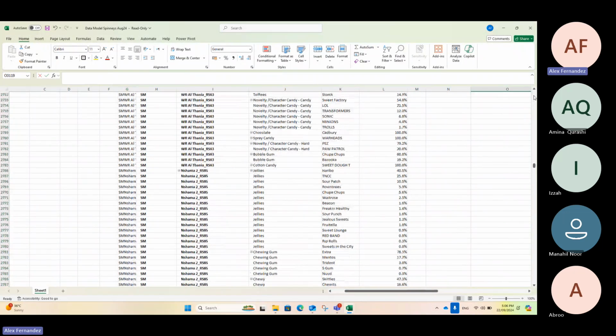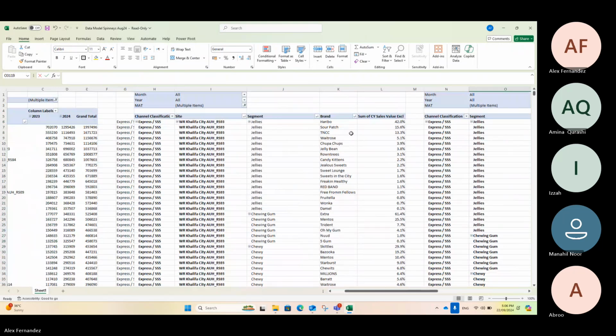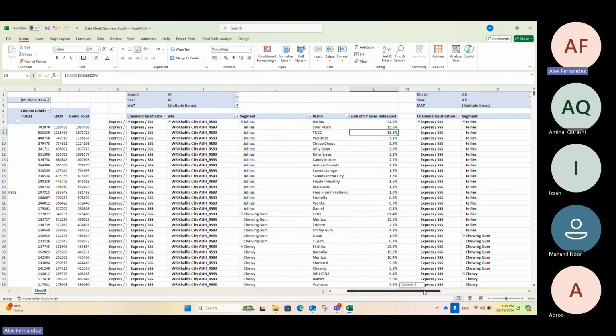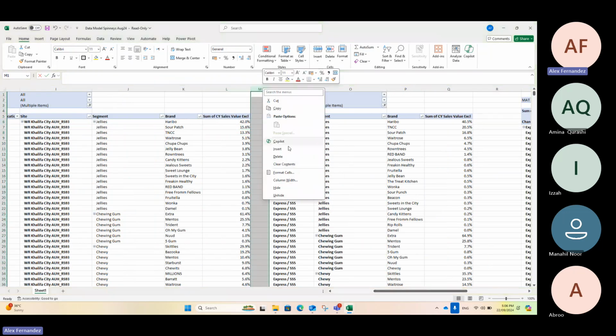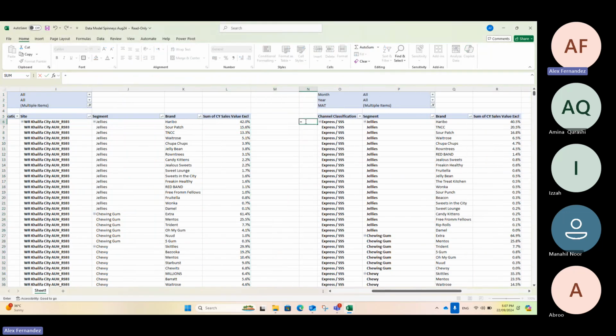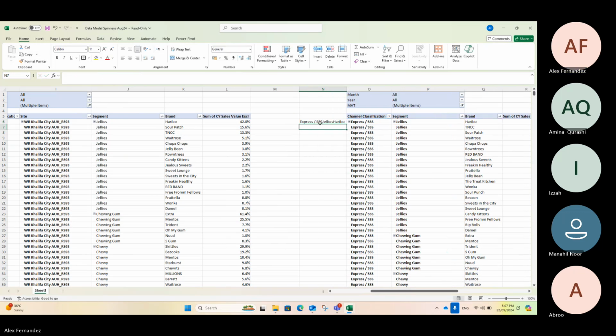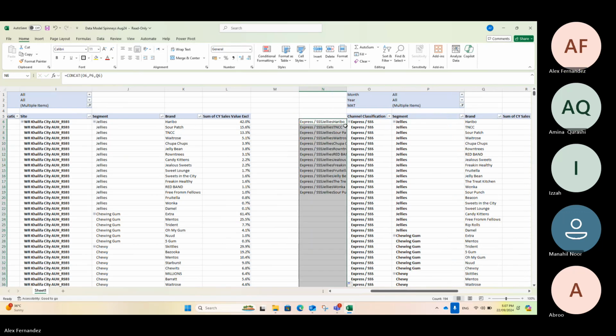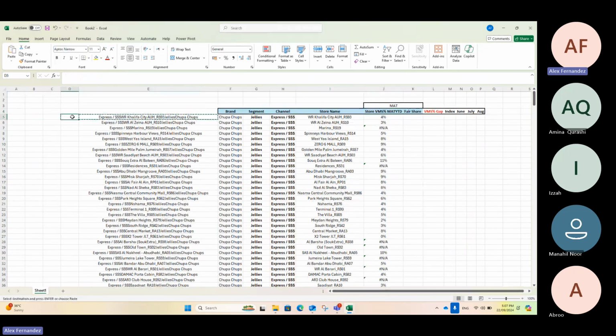Now what do we do next? We have to compare it versus channel performance. So here we do concat channel, comma segment, comma brand. We go here: channel, segment, brand.